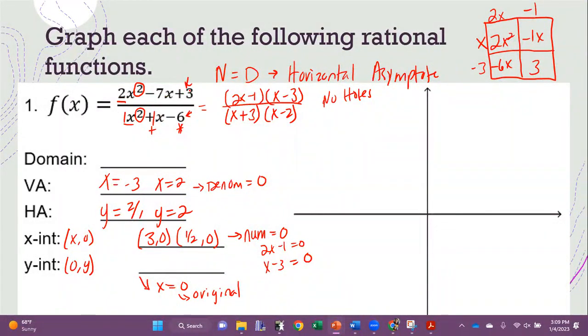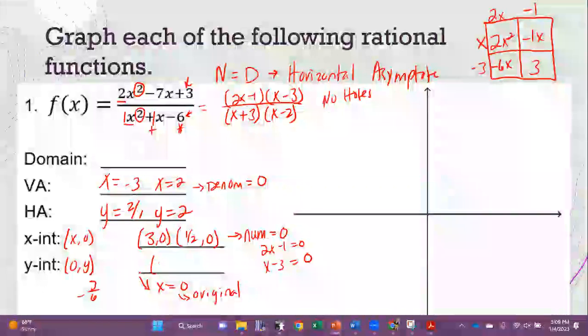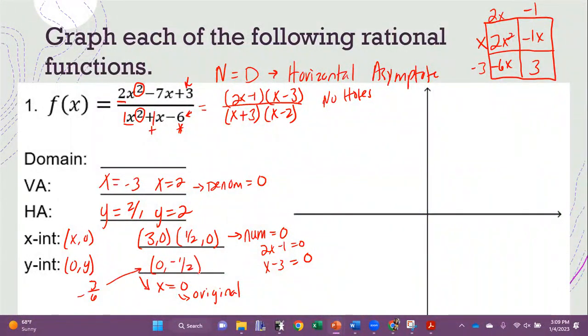In the numerator, I'm left with 3. In the denominator, I'm left with -6. So 3 over -6 is what I'm left with. So where's my y-intercept? (0, -1/2). Do you see why it's easier to go back to the original instead of plugging it into the factors? I mean, you could if you want to. I wouldn't stop you, but to me, it just makes more sense to go back to the original.